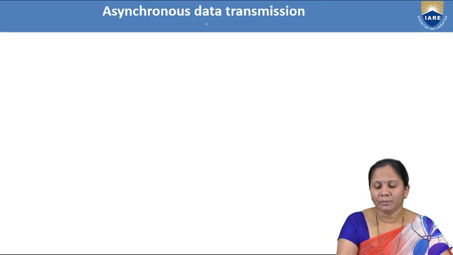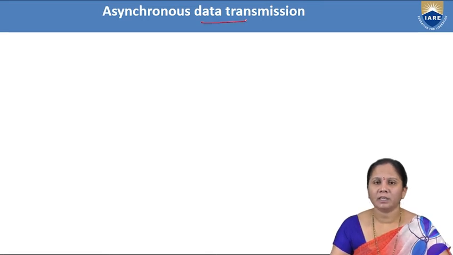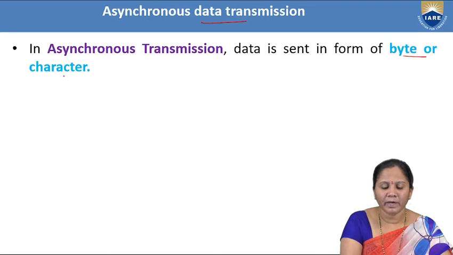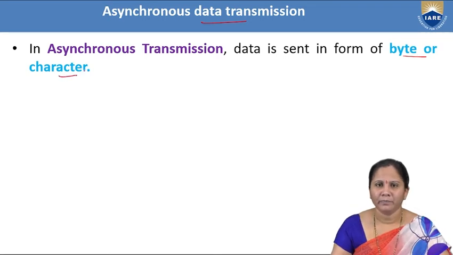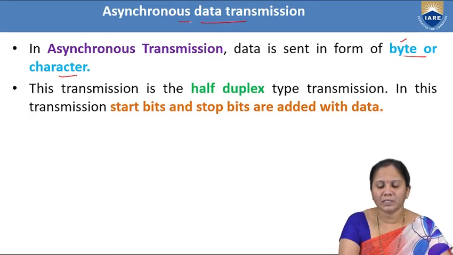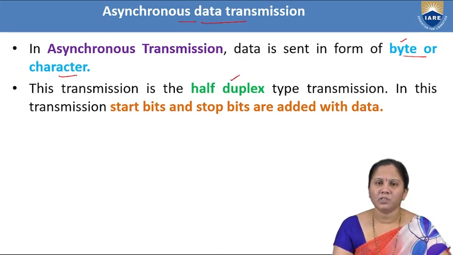Now, coming to the asynchronous data transmission. Here, data will be transmitted in the form of bytes or characters. But while transmitting the data between sender and receiver, there will be gaps present between the data. This type of asynchronous data transmission supports half duplex communication.